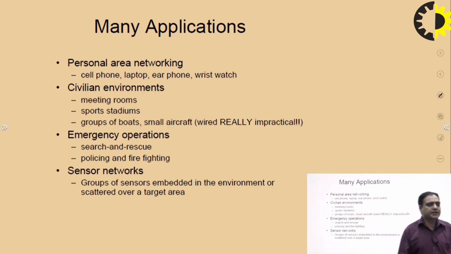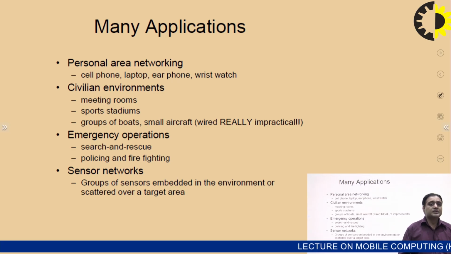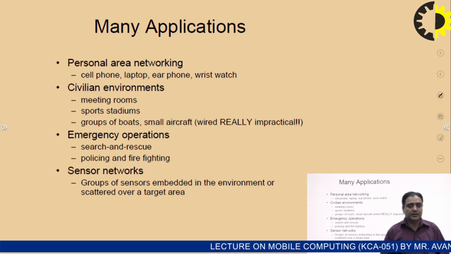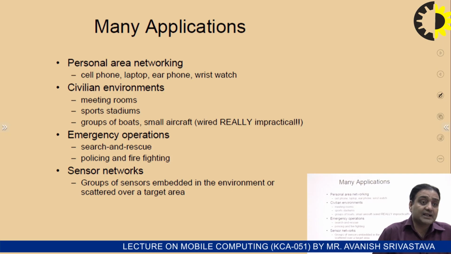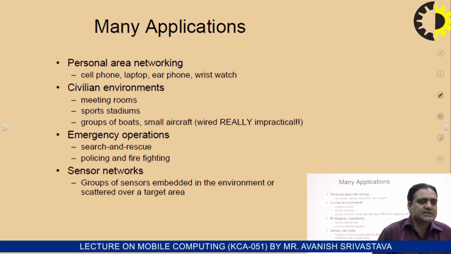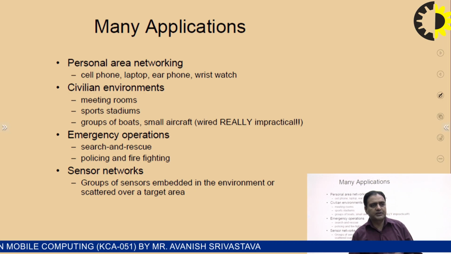Personal area networking: cell phones, laptops, earphones, wristwatch. You have already seen that we are using different watches, meaning smart watches, and earphones, laptops, cell phones, speakers, printers, smartphones, smart TVs, Alexa. There are a lot of different devices interconnected with each other through these applications.